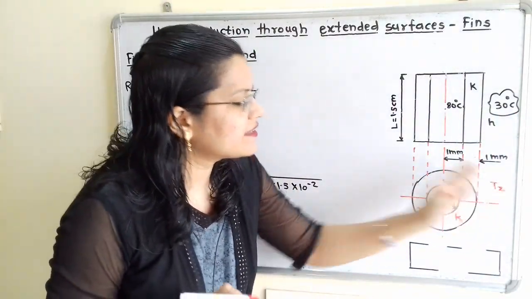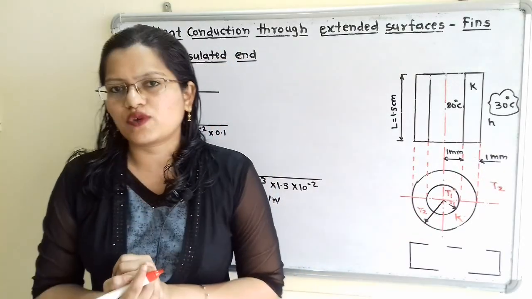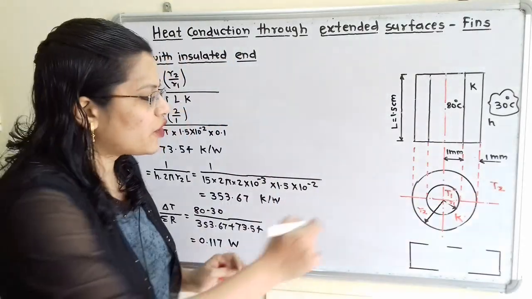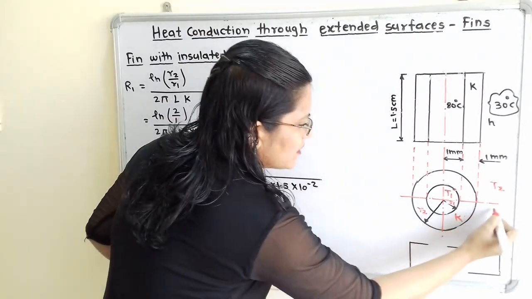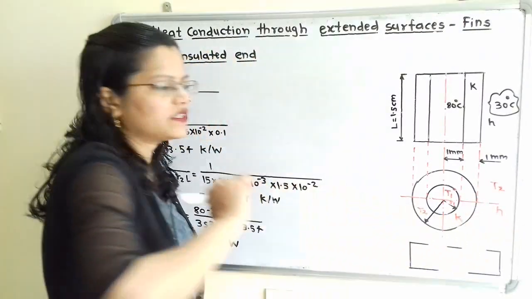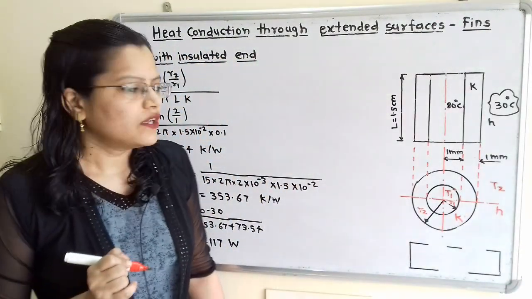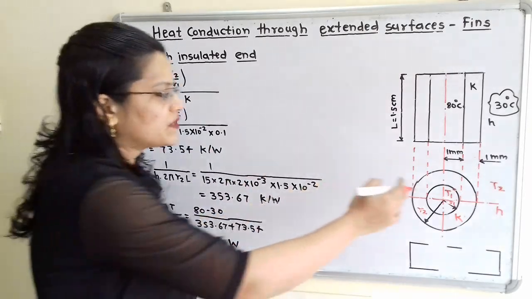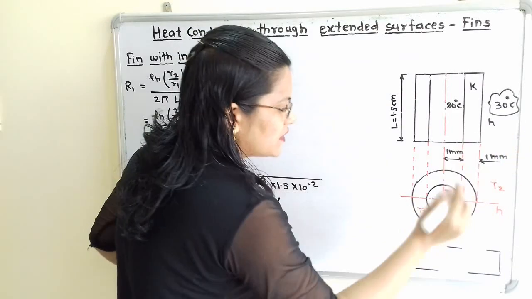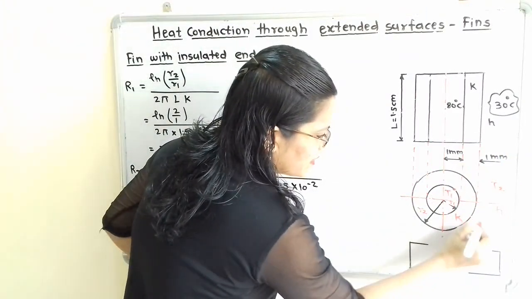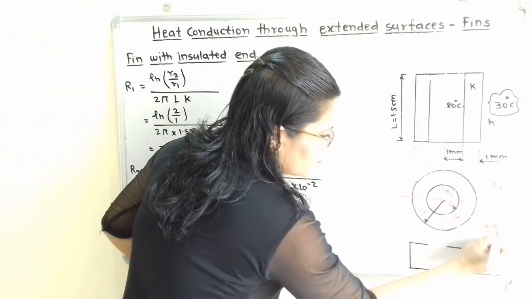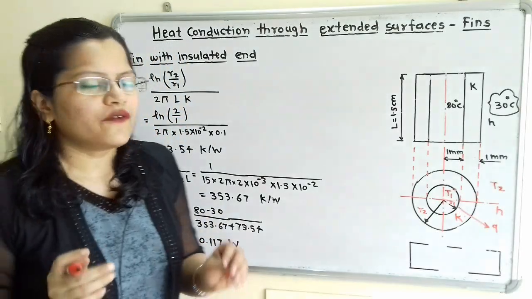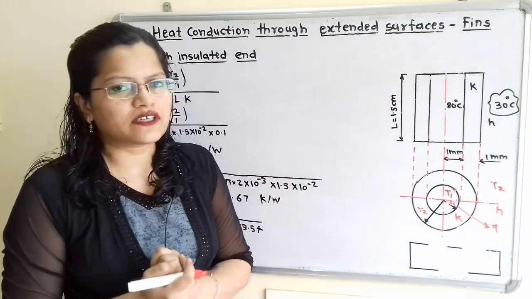So what is the heat transfer that we have to calculate first? Conductivity K is given, and the convective heat transfer coefficient h is also given. Heat is transferred from temperature T1 towards temperature T2, so here is the direction of the heat flow Q. Now we will first find out the resistances.